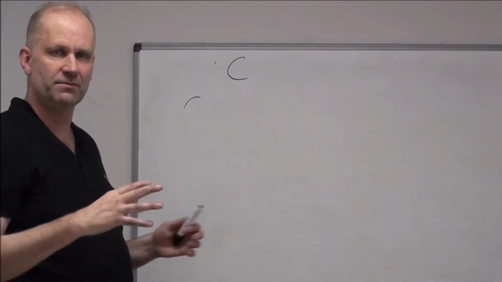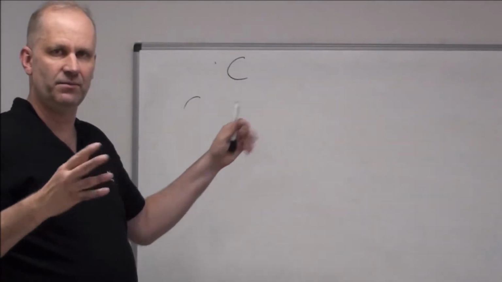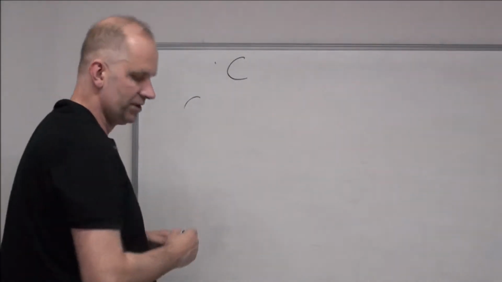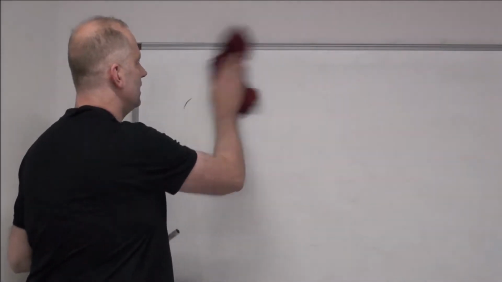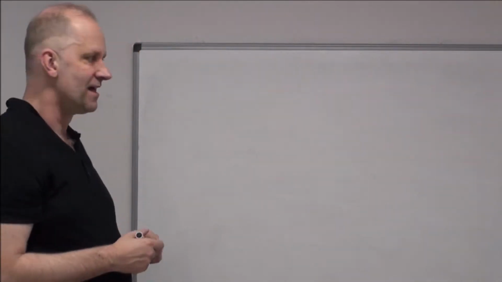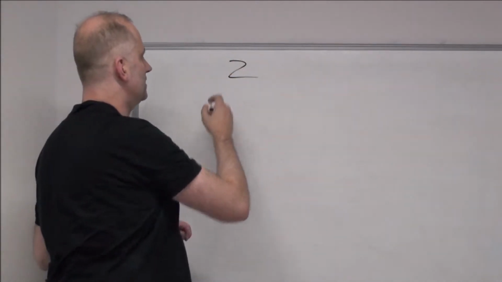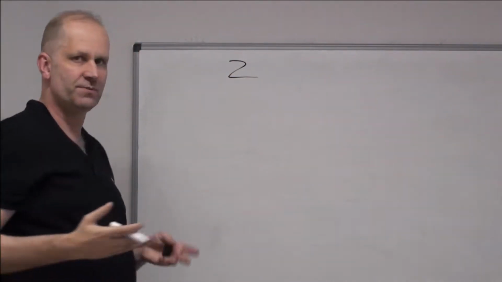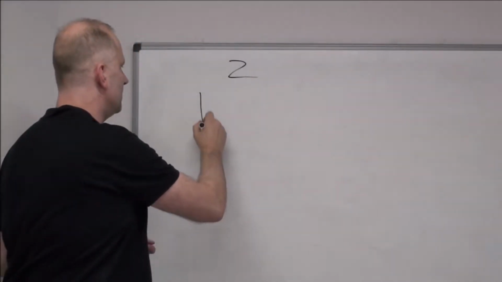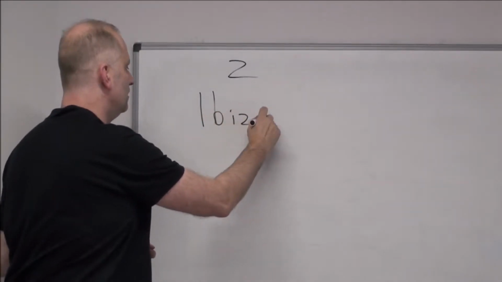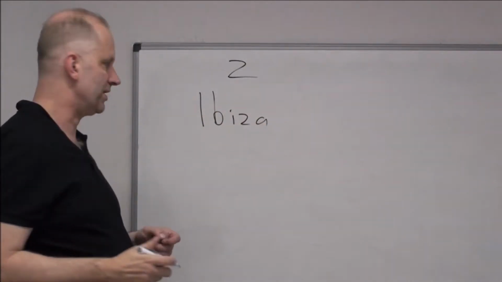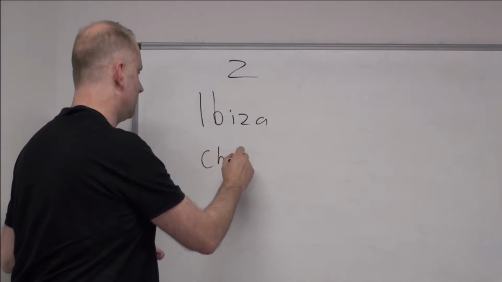That sound also happens when there's a C followed by an I or an E, but also when you've got a Z. Now the letter Z in Spanish is theta. If you think of words you're probably familiar with, like the island Ibiza, or the spicy paprika sausage, chorizo.